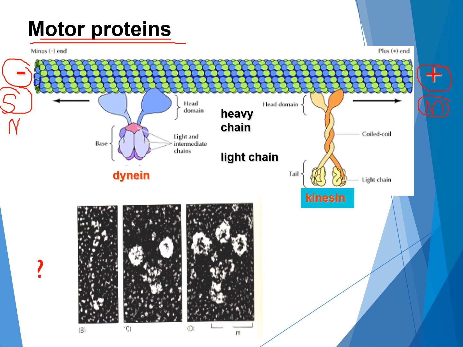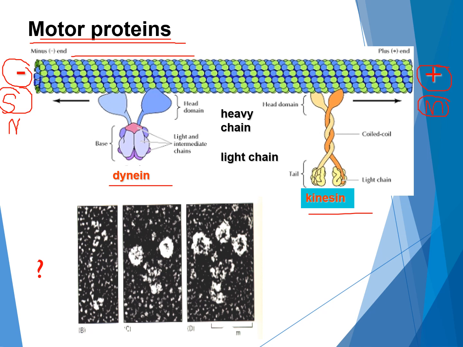If you look at this image, dynein and kinesin are the two main popular motor proteins which use the microtubule as a walk path.